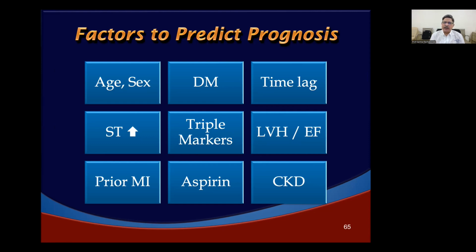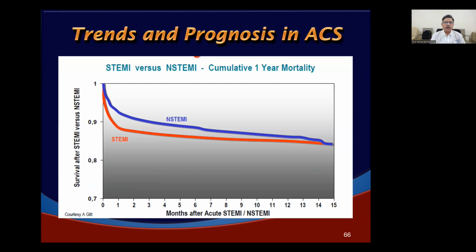Diabetes and CKD are direct negative risk factors for coronary artery disease. Triple markers are also important. Age and gender also. Now, you see STEMI versus NSTEMI. NSTEMI is comparatively, initially, mortality is less.